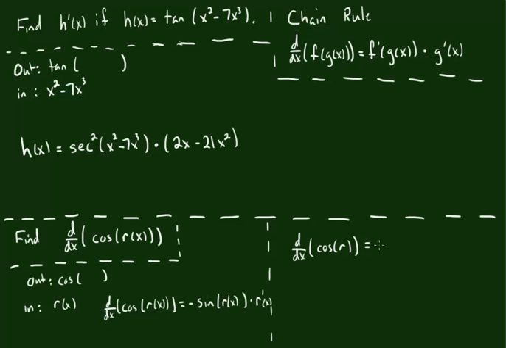We just take the derivative of the outside, leave the inside alone, times the derivative of the inside. And using this Leibniz notation that we started using in class, this is just dr dx. So this is another way of writing the very same derivative, just a little bit simpler, a little bit cleaner. So you will be seeing that fairly often in the future as well.